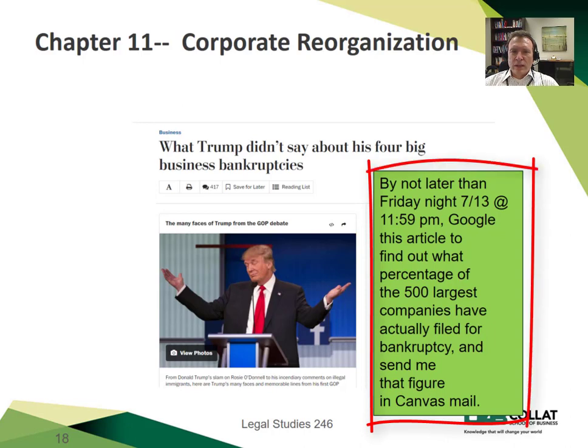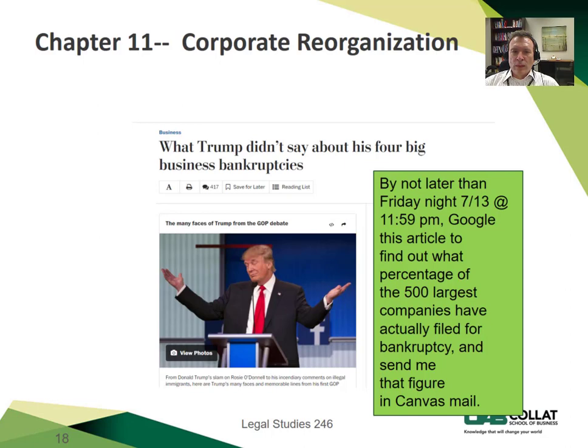By Friday night, July 13 at 11:59, which is, by the way, when the second exam closes, you can get 2 points added to that second exam if you tell me exactly what percentage of the largest 500 companies in America actually filed for bankruptcy. Donald Trump, when he was running for president, made it sound like everybody does it, and I want you to tell me, well, of the 500 largest, what is the actual percentage that have filed for bankruptcy?